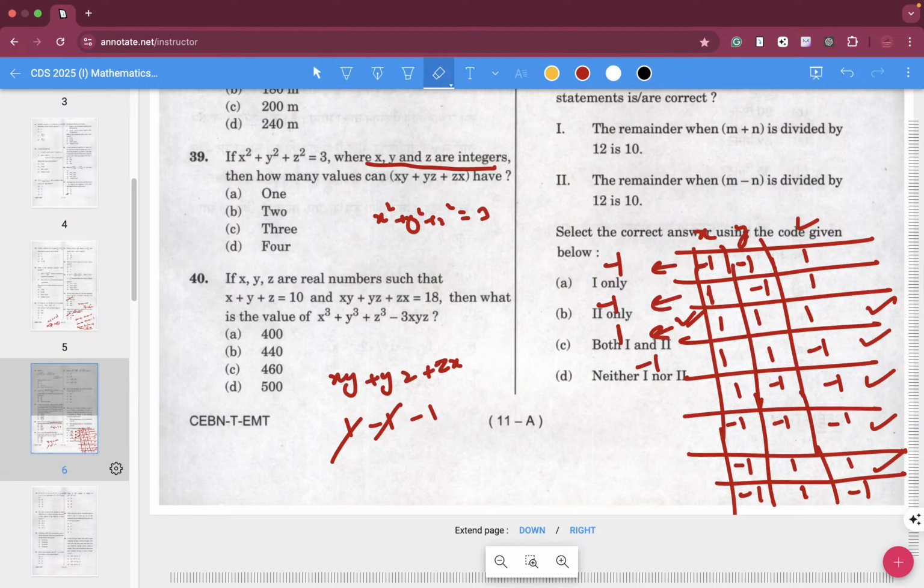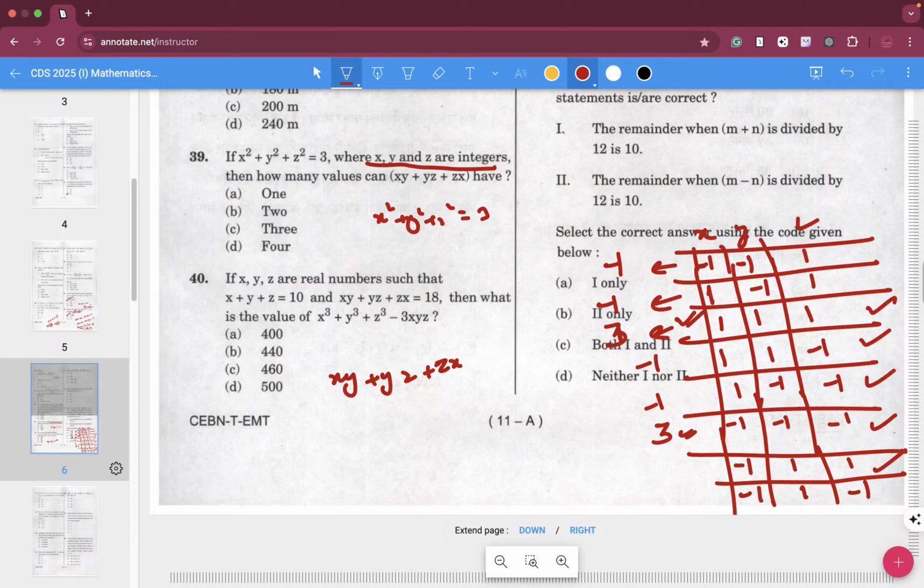Now we'll check for this one, xy is -1 +1 -1, again giving you -1. Now if we check for this one, -1 -1 +1 +1 +1, it will give a value of 3. This one is also giving a value of 3, right?